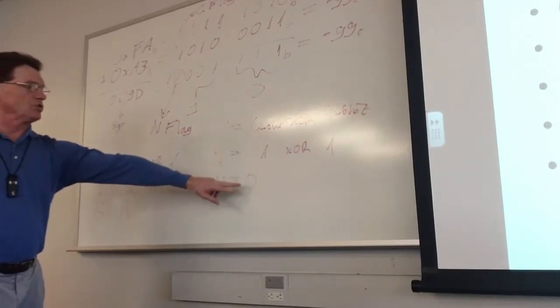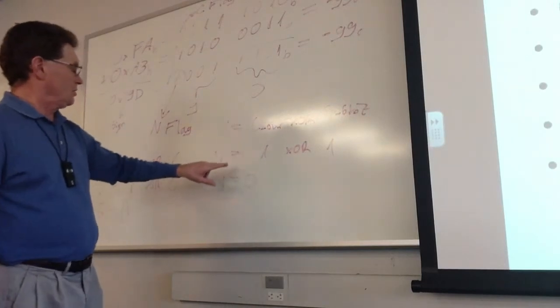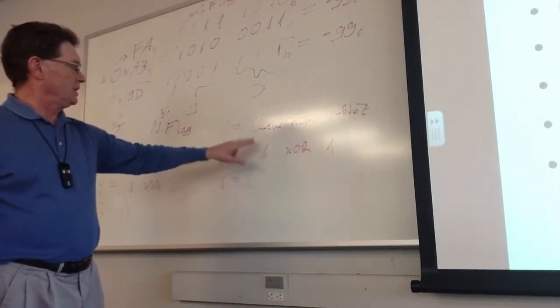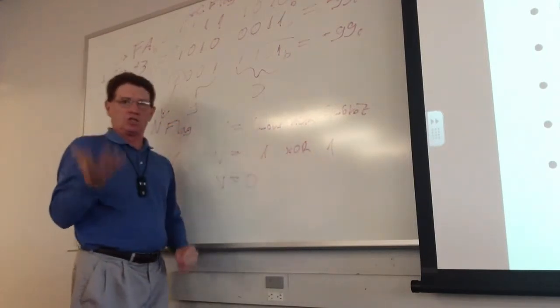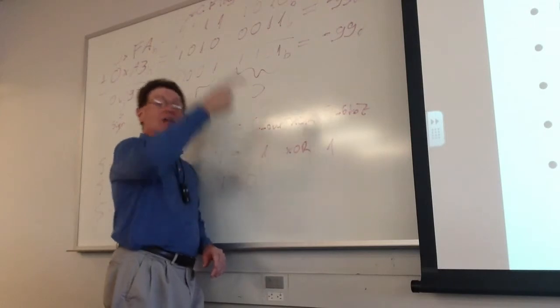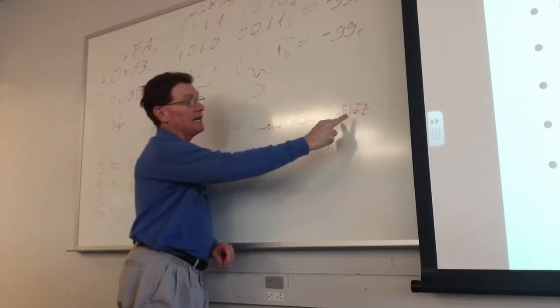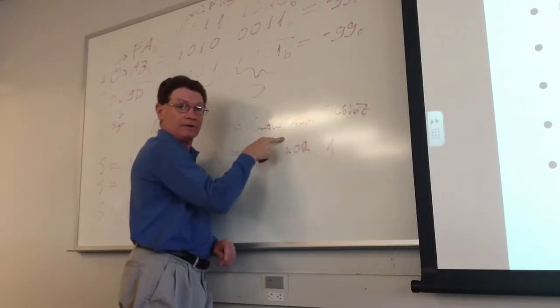Why? The V flag is going to be equal to 0. The V flag is set by an exclusive ORing operation on the carry that comes out of bit number 7 and the carry from bit 6 into bit 7. You exclusive OR those two together.